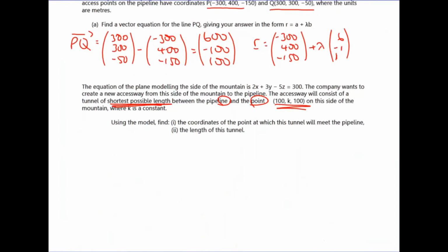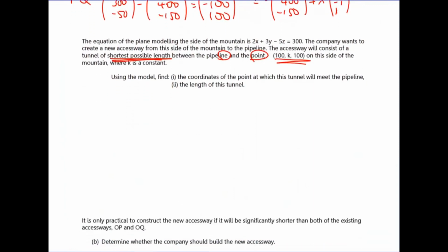Okay. First thing I'm going to do is figure out what K is. If this point 100, K, 100 is on the side of the mountain, I can substitute it into the equation of the plane and work out what K is. Okay, so I get 2 times 100 plus 3 times K minus 5 times 100 plus 300, so that's minus 300. So I get 3K equals 600.